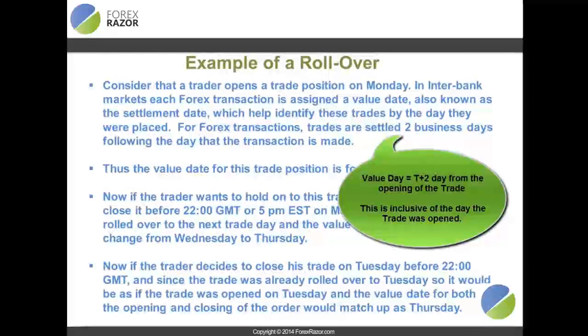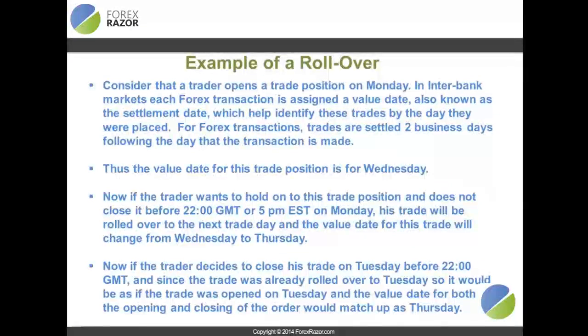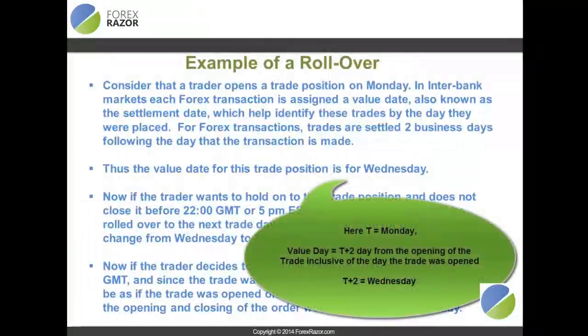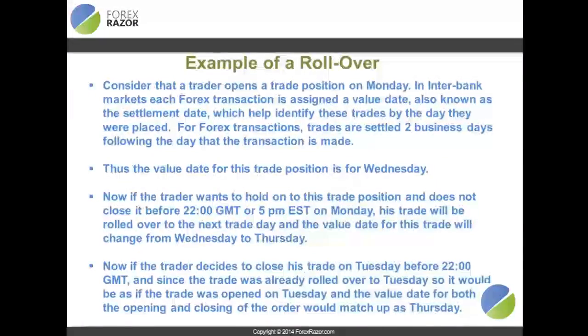For Forex transactions, the trades are settled 2 business days following the day that the transaction is made. Thus, the value date for this trade position, which was opened on Monday, would be 2 days forward, that is, for Wednesday.